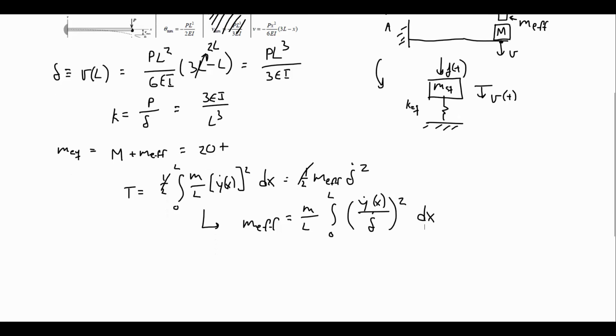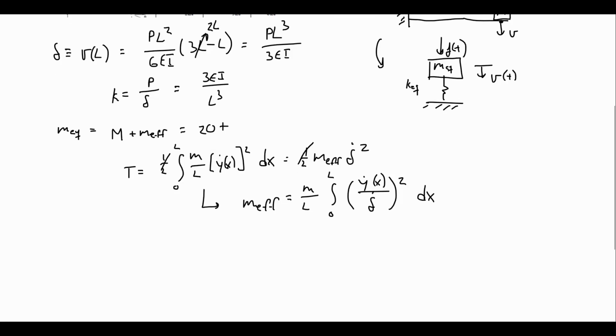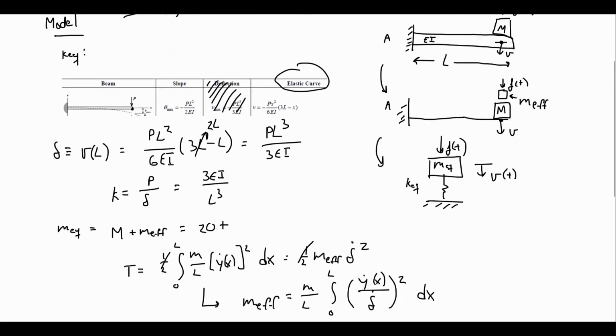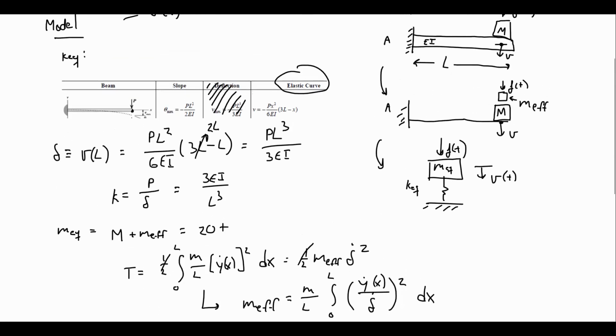All right, so the inside of this integral is where we're going to need to do some work here. We need to establish what is our y dot of x. Well, first, we need to start with y of x. This is the deflection across the beam, everywhere in the beam. This, again, is coming from the elastic curve. So here I'm using y. In this table, it's using v. It's the same thing.